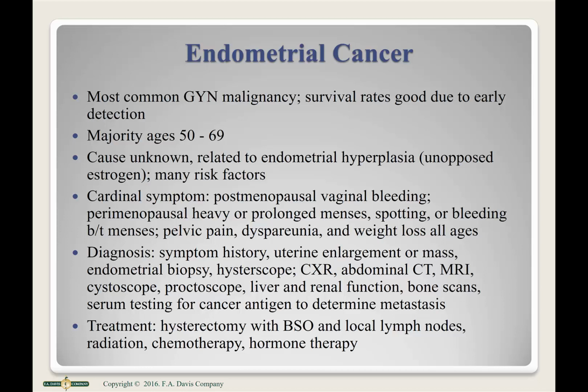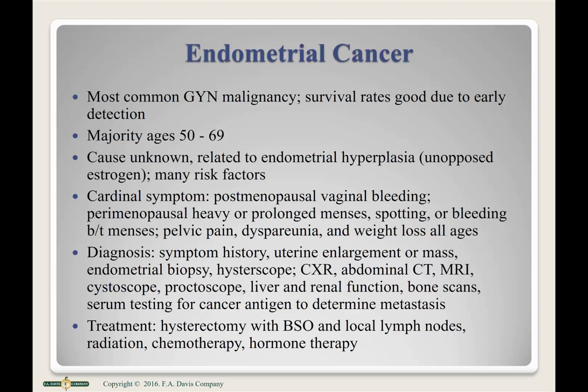If it's enlarged or if we feel any masses, of course, we need to do a biopsy. And then a chest x-ray and abdominal CT; with the chest x-ray we're looking for metastasis. We might even need to do liver or renal function tests, bone scans, and other things to determine metastasis.